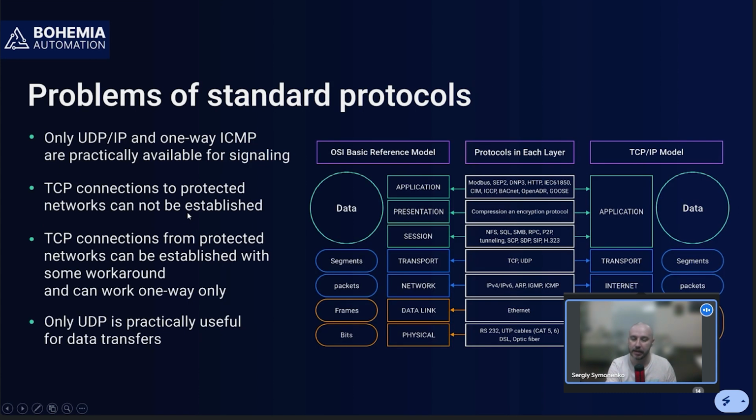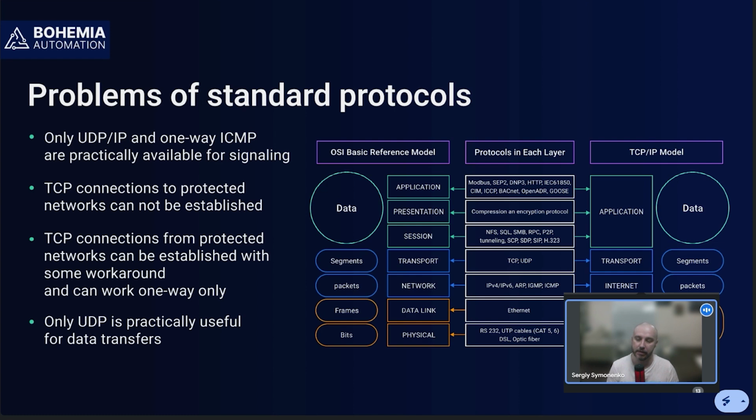So let's go next, to the problem of standard protocols when you go with a unidirectional network. There are only UDP, IP, and one-way ICMP practically available. There are of course some other network protocols, and you can try some routing protocols, but practically you have only UDP and ICMP. TCP connections to the protected network cannot be established.